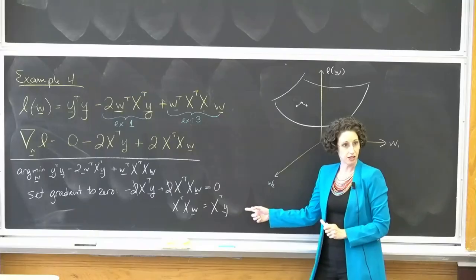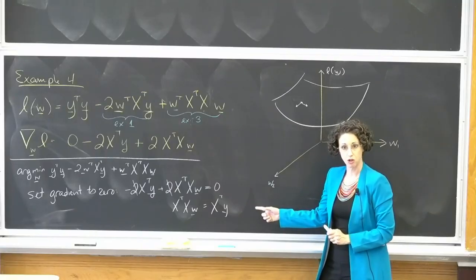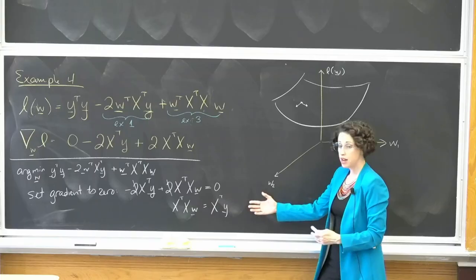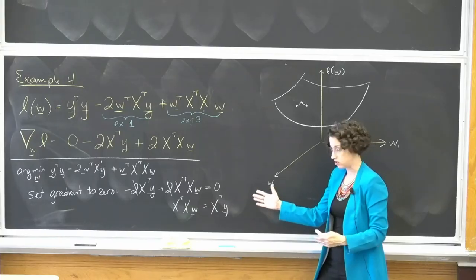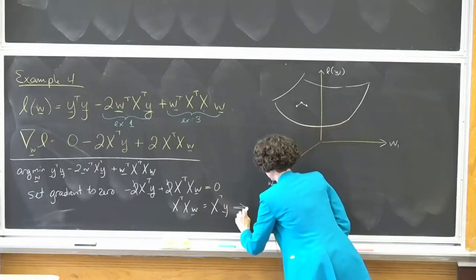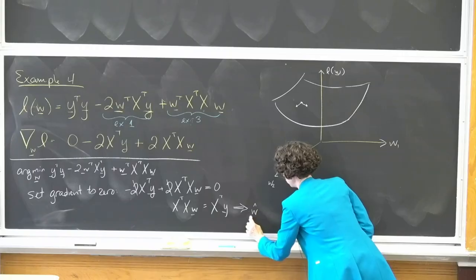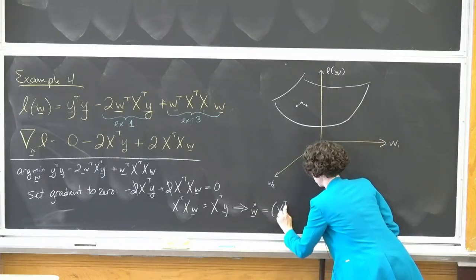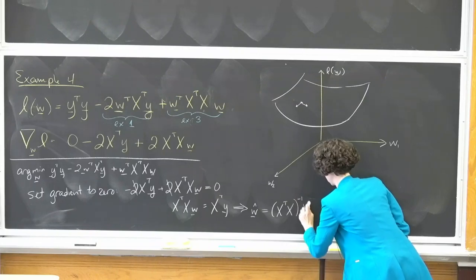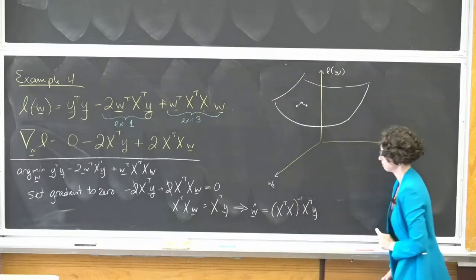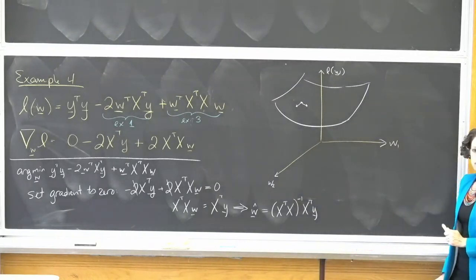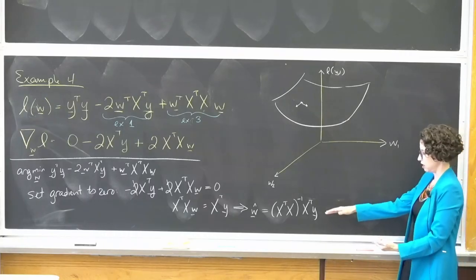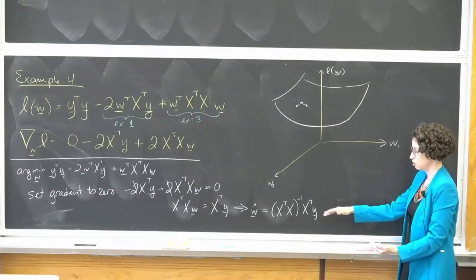We derived exactly this equation when we were looking at things from the geometric perspective. And if X transpose X is invertible, then this tells us that the solution to this optimization problem will look like X transpose X inverse X transpose Y. So from this optimization perspective, we have derived exactly the same formula for the least squares solution.